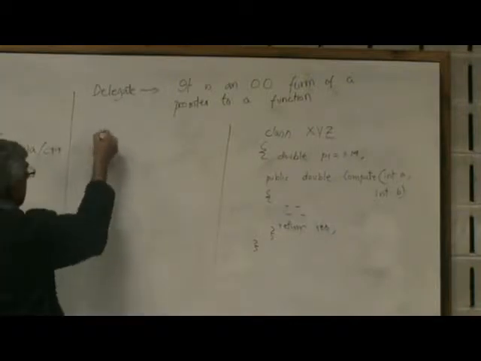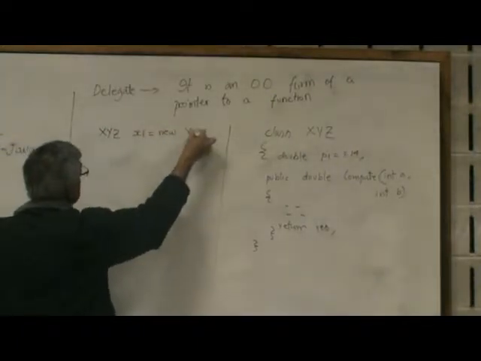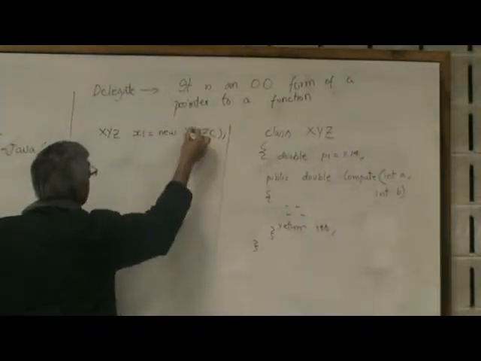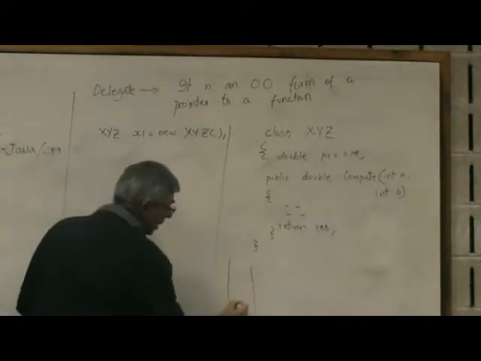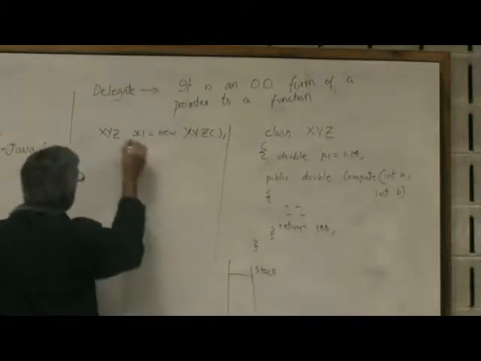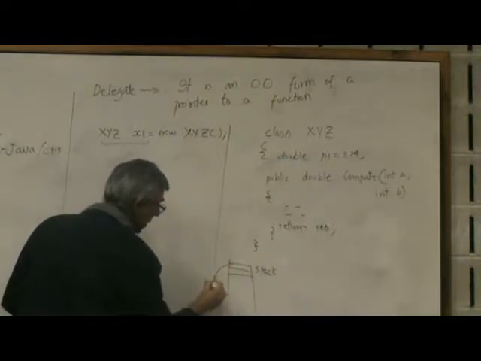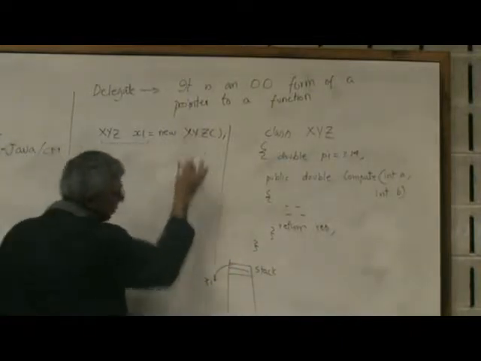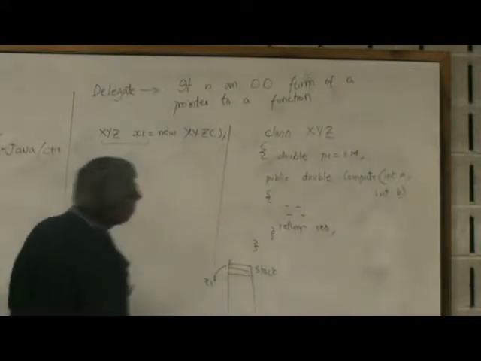As soon as we say XYZ x1 equal to new XYZ, this is where the computer will go to the stack area, it will create a reference called x1. Then new XYZ, so how much memory will it allocate in the heap in this example?